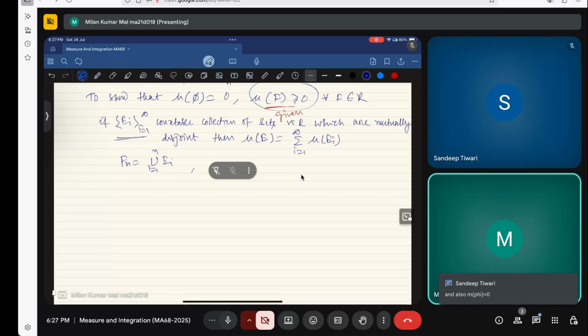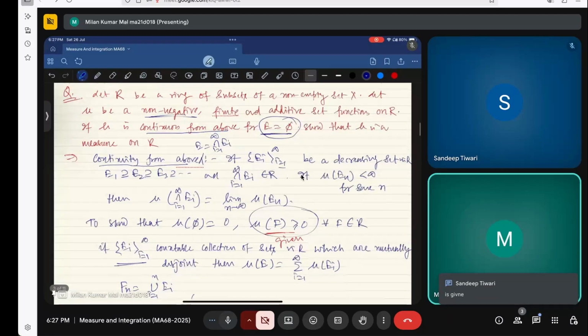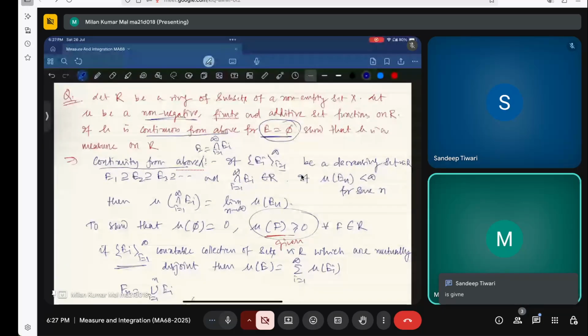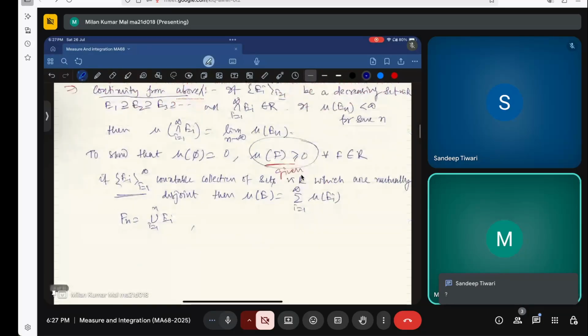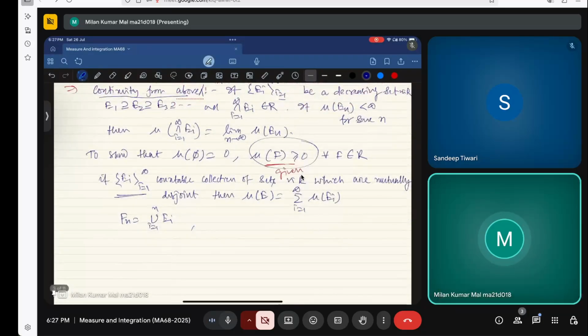It is given that mu is a finite additive set function. So, sorry, we have to show the countable additivity, right?